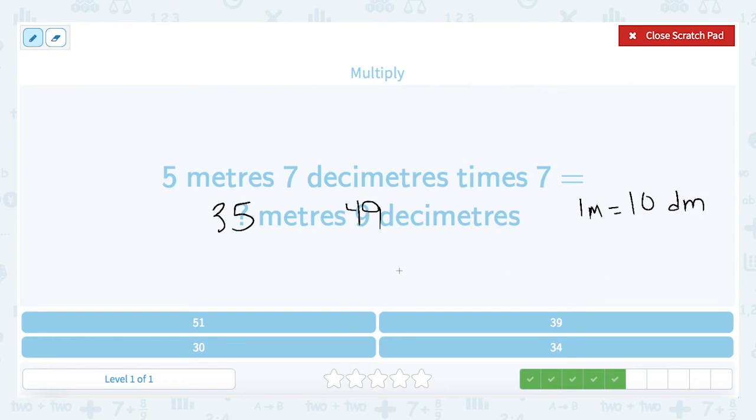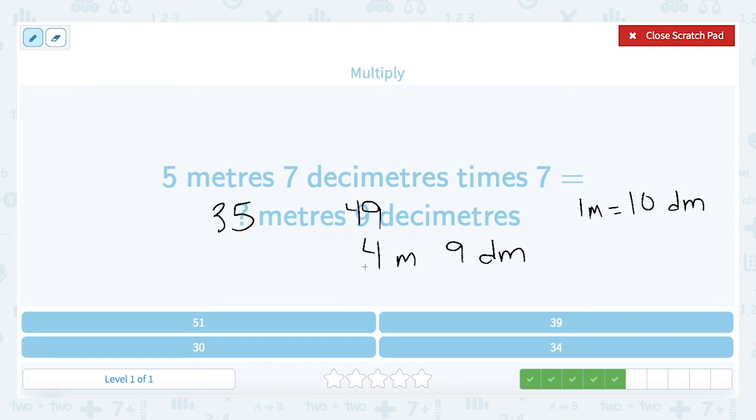That means that in 49 decimeters, there are 4 meters and a leftover 9 decimeters. So the 9 decimeters, if we look behind what I wrote there, are already there.